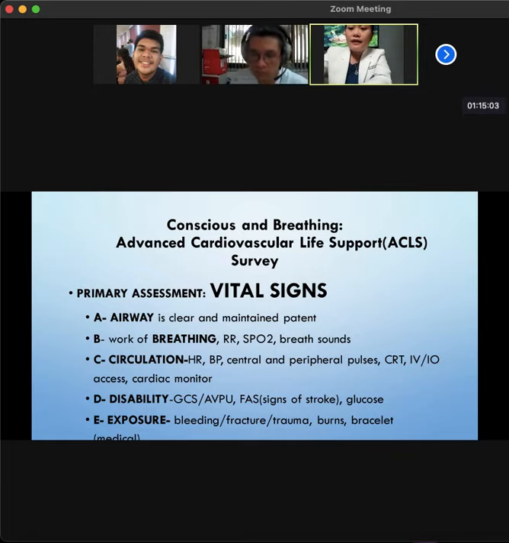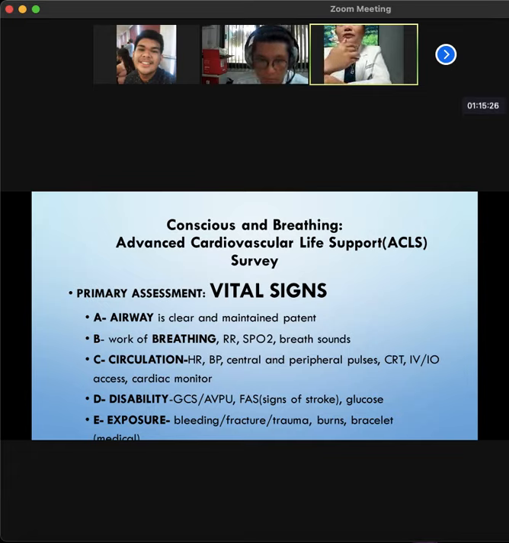Okay? And lastly, for the E, is the exposure. Okay? Is the patient bleeding? Or does the patient have a fracture or trauma? Victim ba siya ng burns? Or is the patient a medical patient? So you check for the bracelet.